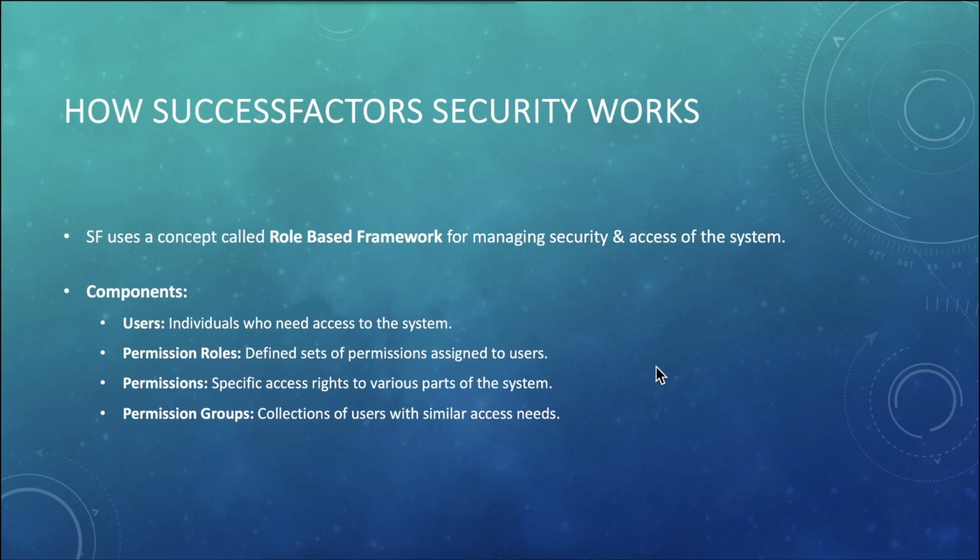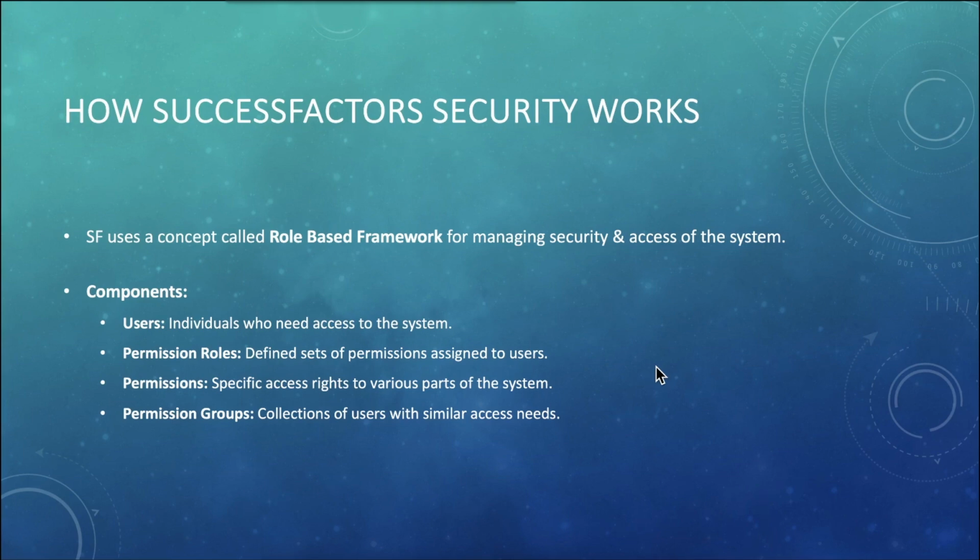Another very important component of the role-based framework is permission groups. A group is a collection of users who have a similar access need. Let's say you have 5 HR admins working for a particular location.